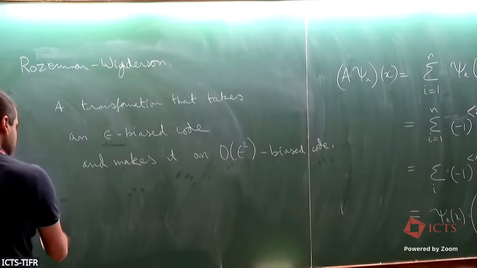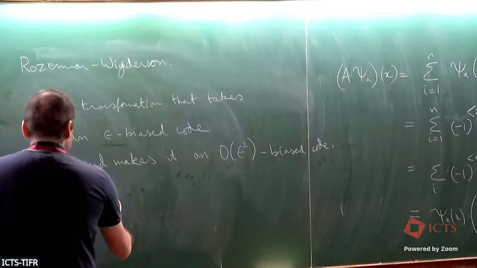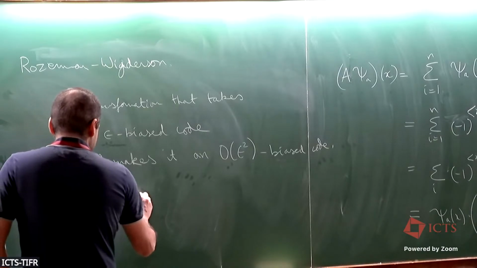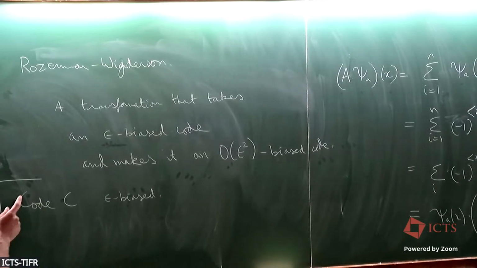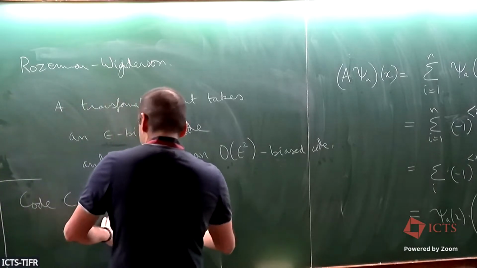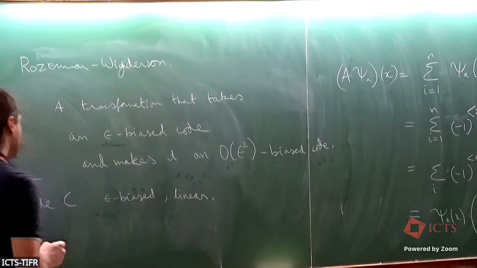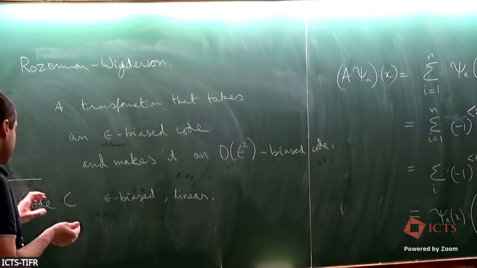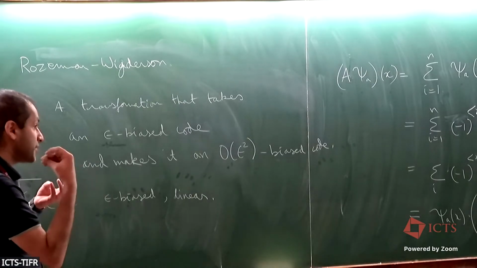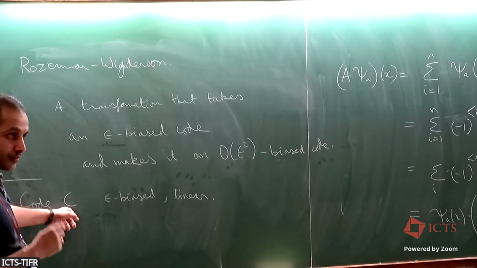So we have a code C, which is epsilon biased. It's also linear, by the way, right? Linear. And now the bits of the new code are going to be sums of bits of the old code.